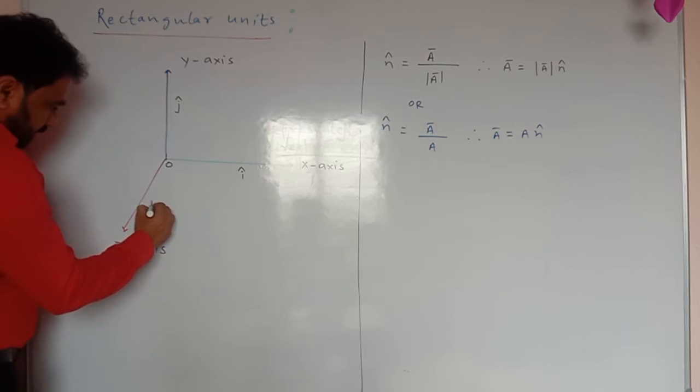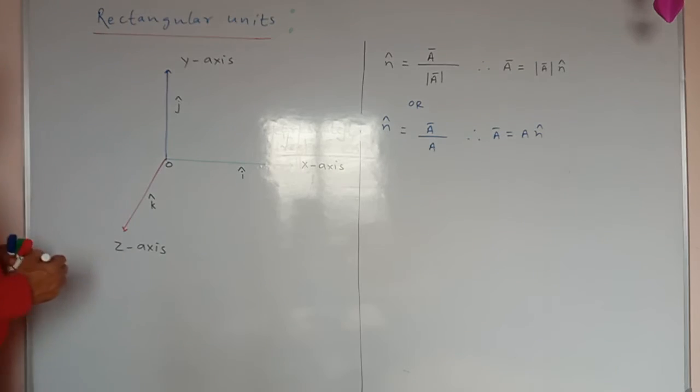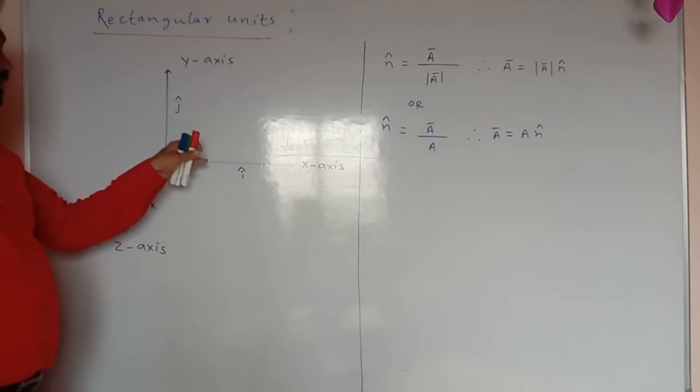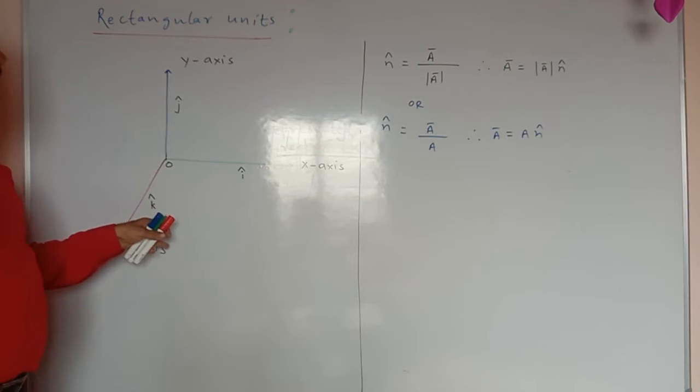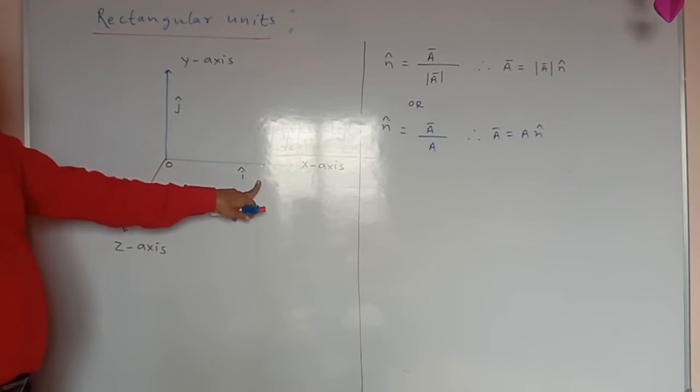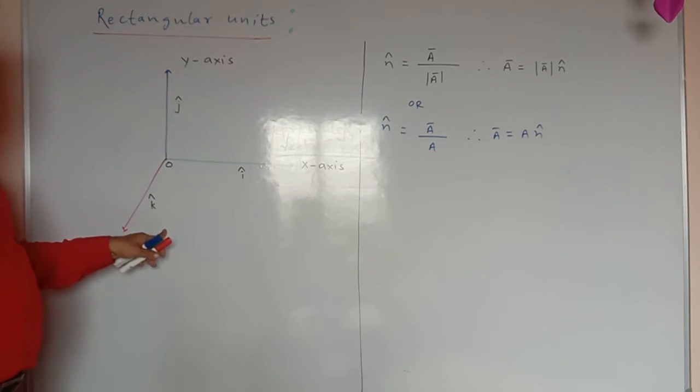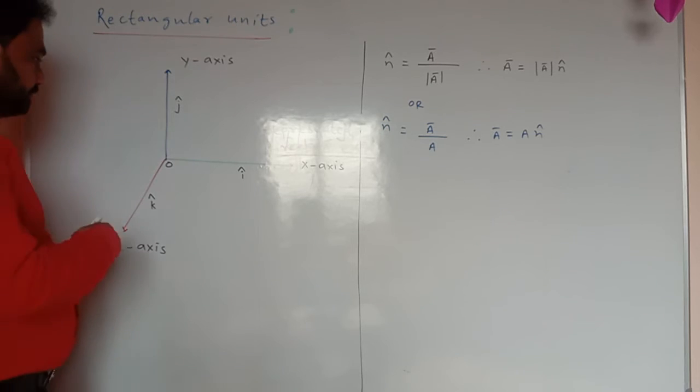To represent the unit vector of the z-axis, that is k cap. So i cap, j cap, k cap are the unit vectors for the x-axis, y-axis, and z-axis respectively.